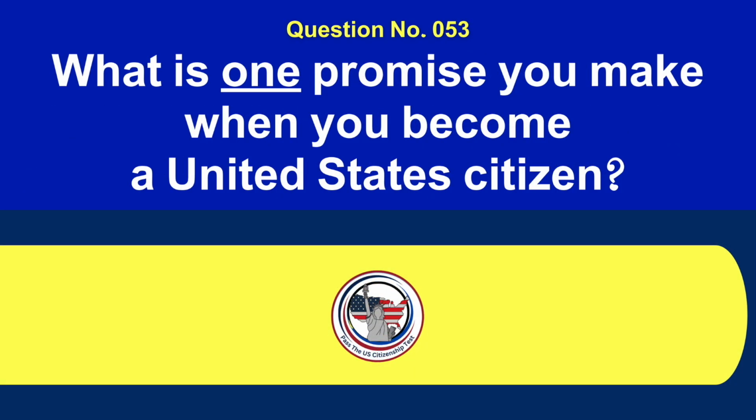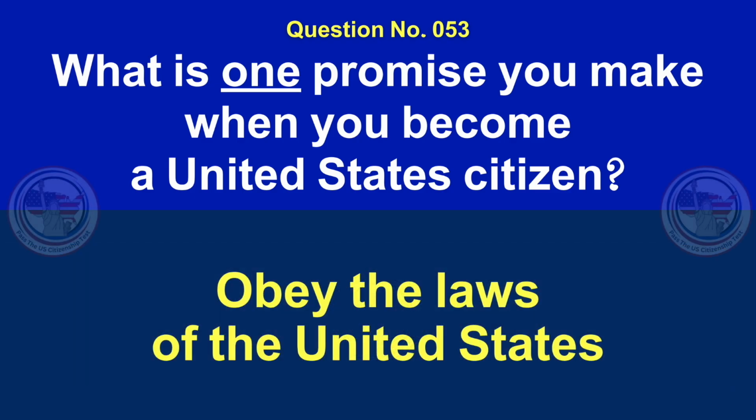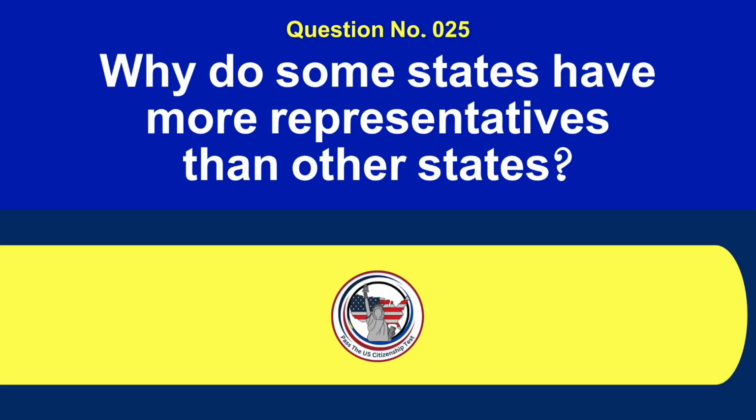What is one promise you make when you become a United States citizen? Obey the laws of the United States. Why do some states have more representatives than other states?